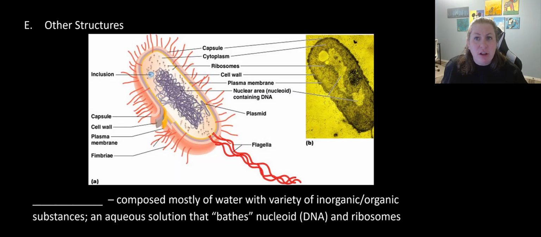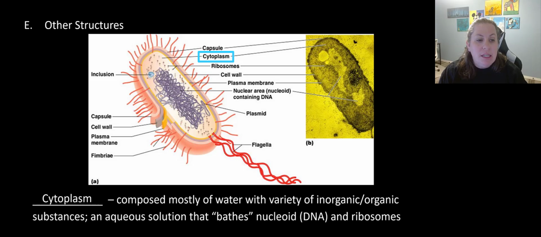So some other structures that are found inside the cell are the cytoplasm. The cytoplasm is composed mostly of water. It does have a variety of inorganic and organic substances, which we'll learn more about in a following chapter, but these are chemicals.